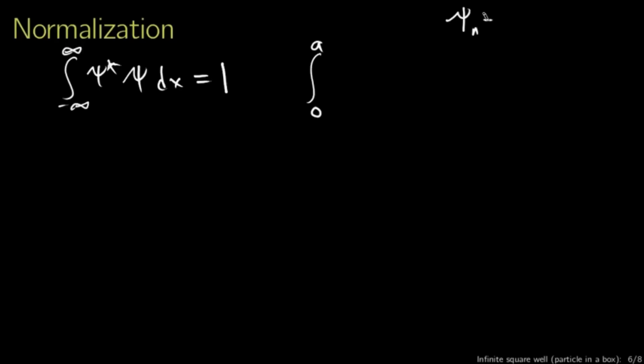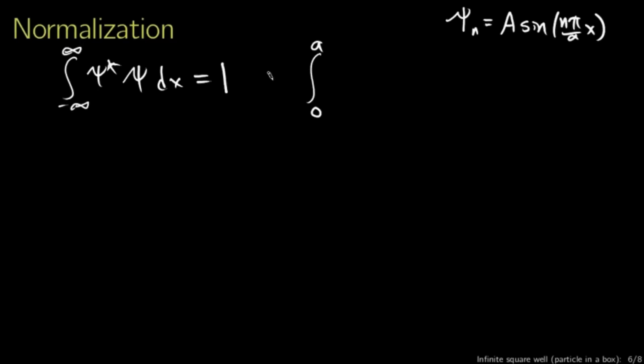One more detail to nail down here is the normalization. We know the integral from minus infinity to infinity of psi star psi dx has to equal 1. Well, in this case, we know that's going to reduce to the integral from 0 to a of psi star psi, where psi n equals A times the sine of n pi over lowercase a x.